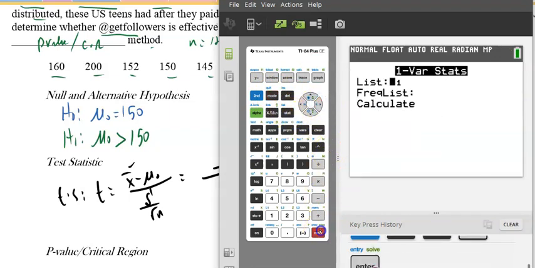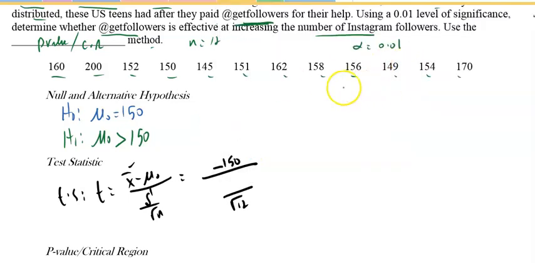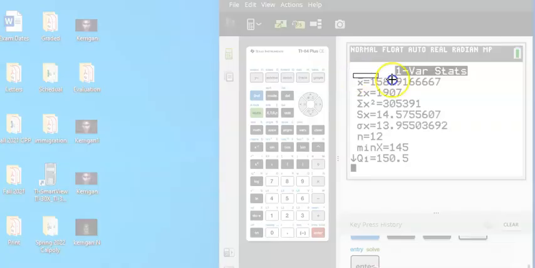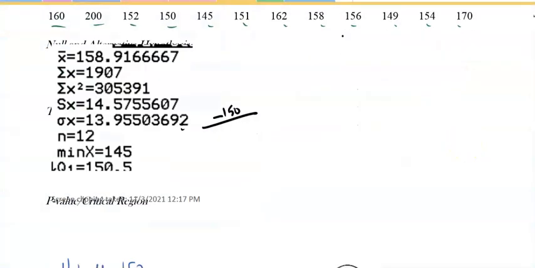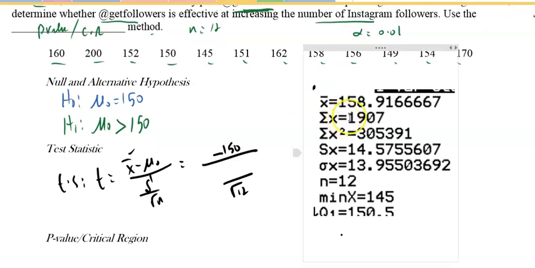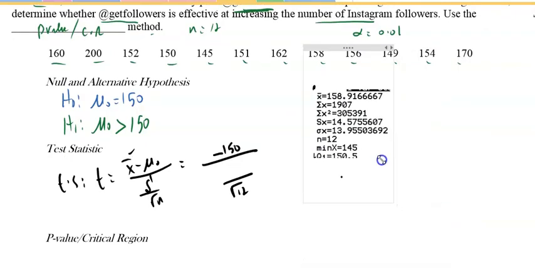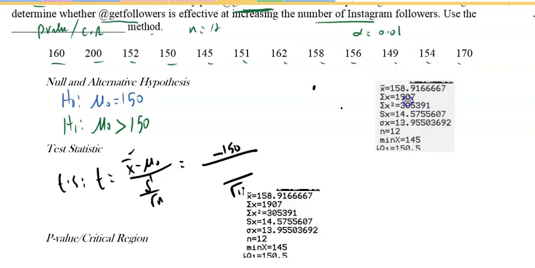You want to use list 1? Yes. And give me those values. So from list 1, this is what I'm getting. It has a lot of information. I just want a few of them. There it is.